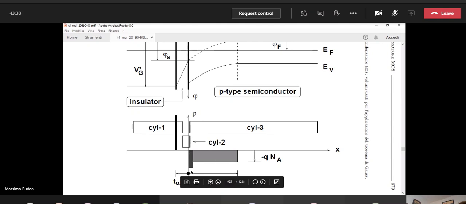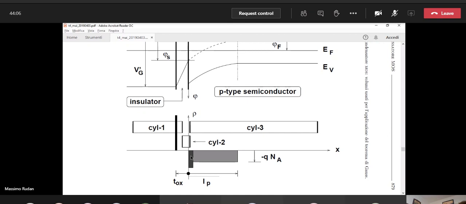Then we have a layer of electrons that is much thinner than LP. And the layer of electrons produces another contribution to the negative charge that is very close to the interface. And it is represented by this box here near the interface, okay?